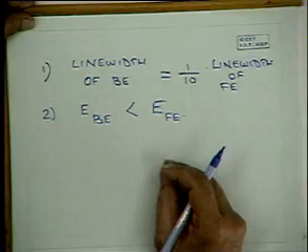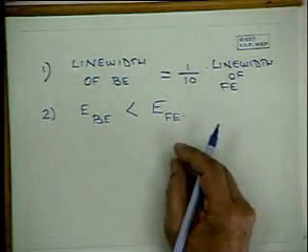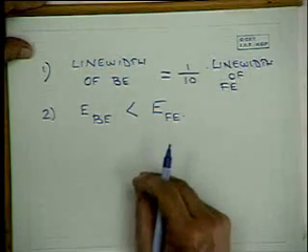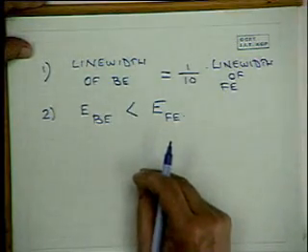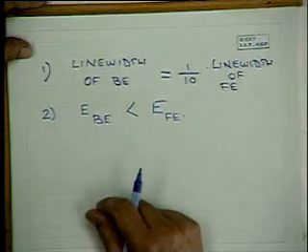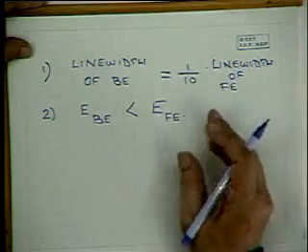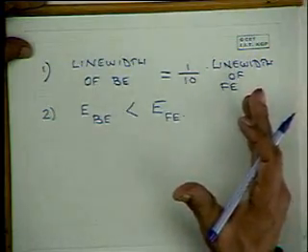So the energies and the line widths enable us to identify what are the donors and acceptors and the excitons involved. Obviously, we can get a clue from analyzing the material as to what are the donors, what are the acceptors present also.